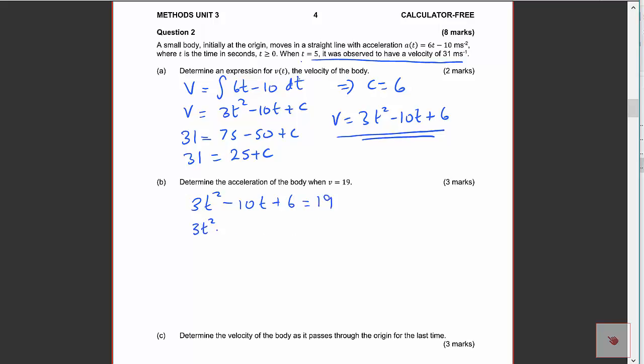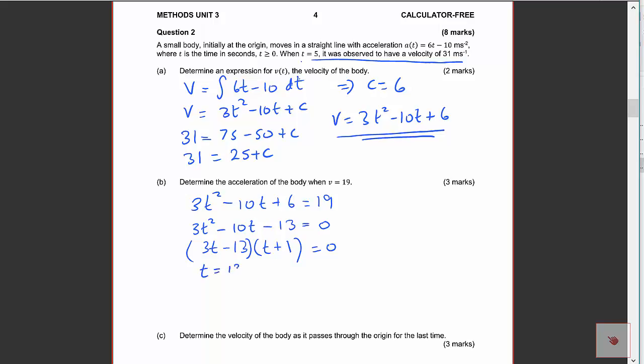So 3t squared minus 10t minus 13 is equal to 0. Now presumably, since this is non-calc, we can factorise this. So we've got 3t and t. If we put the 13 here and the 1 here, and make this one a minus and this one a plus, that would do the trick.